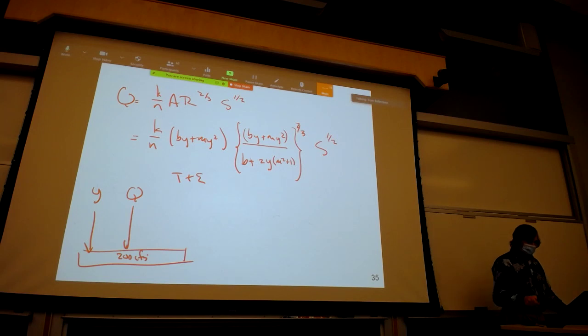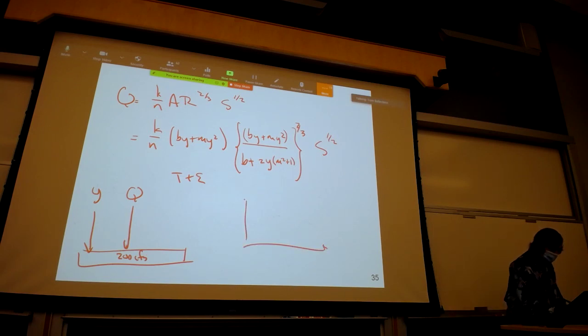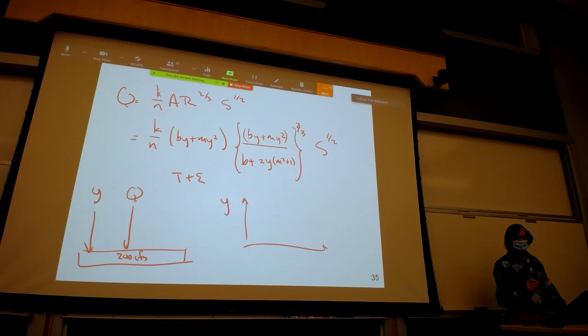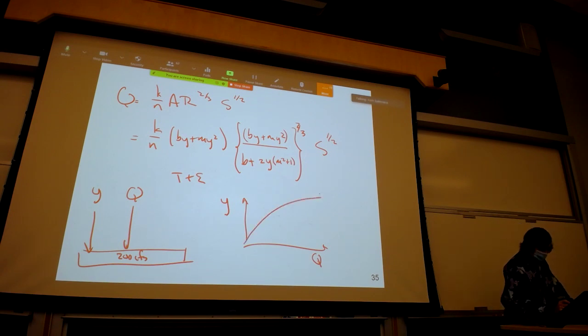And basically what you would be doing is having a depth of flow. And I'm plotting the independent variable depth of flow on the vertical axis, because typically that's how we measure depth of flow. And so what you're doing is calculating what's called a rating curve. For any given depth of flow, you will have a discharge.